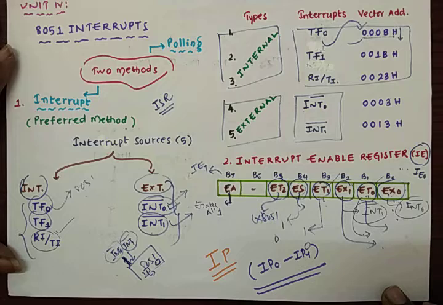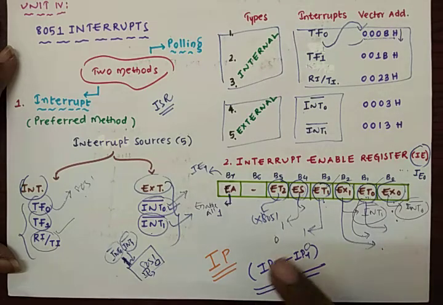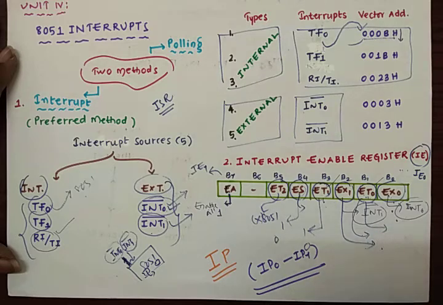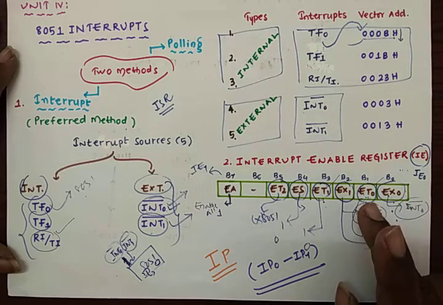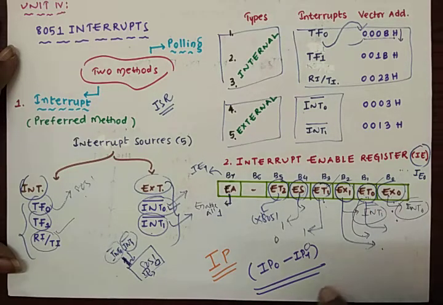And the next one: if 2 requests of 2 different priority levels are received simultaneously, the one with the highest priority is served first. If the 2 interrupts have the same priority, which is very important, and are received simultaneously, then an alternating polling sequence determines which request has to be serviced first.